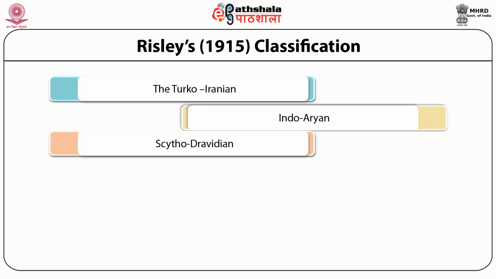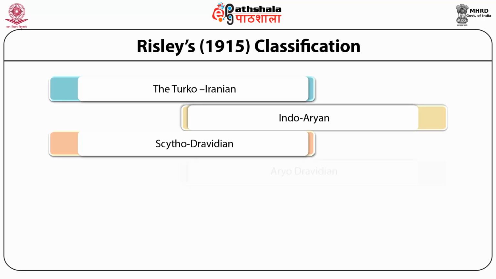Scythian features are pronounced in the higher castes, while the Dravidian features are associated with the lower strata of society. The Marathas are considered to be the representatives of the Scytho-Dravidian race. Their main features are low stature, long head, moderate nose, light brown to fair complexion and scanty body hair.